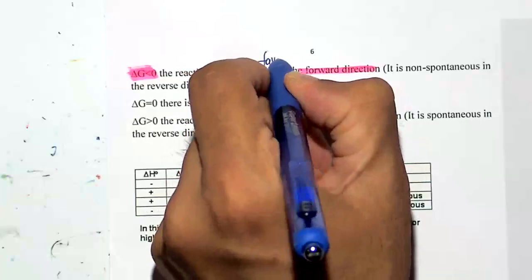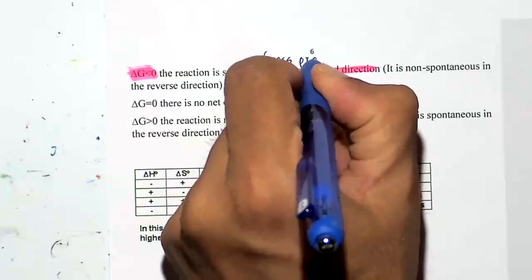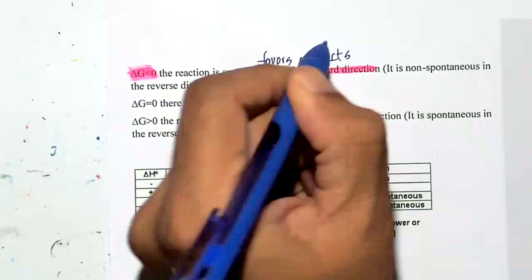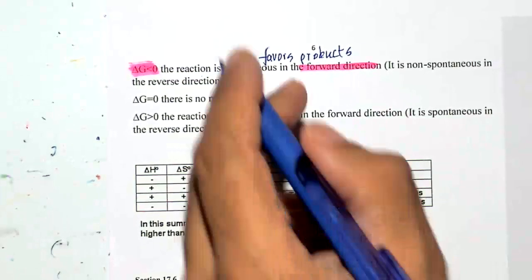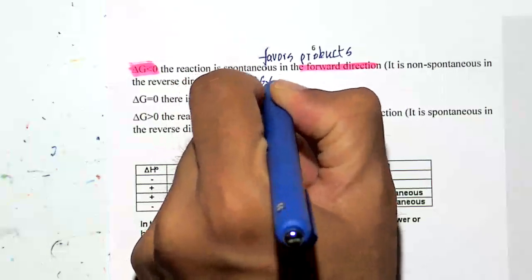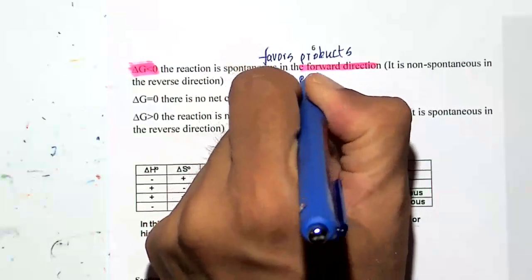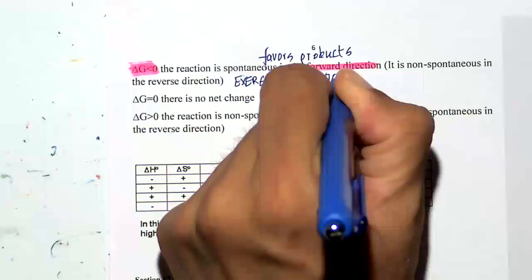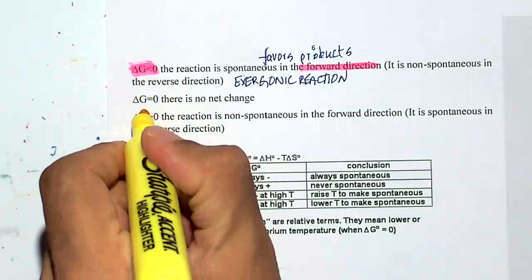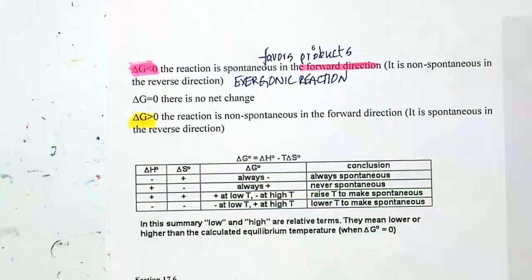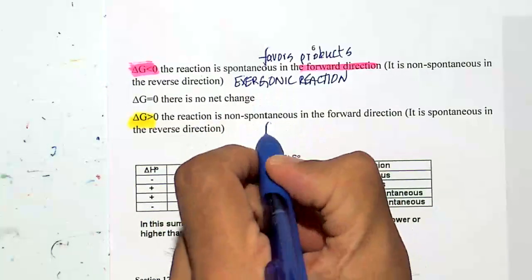Okay, I just wrote this on the previous page, but I'll write it again. If it were an equilibrium reaction, the equilibrium would favor the products. Okay, this is called an exergonic reaction. All right, if your delta G is positive, we're favoring the reactants.